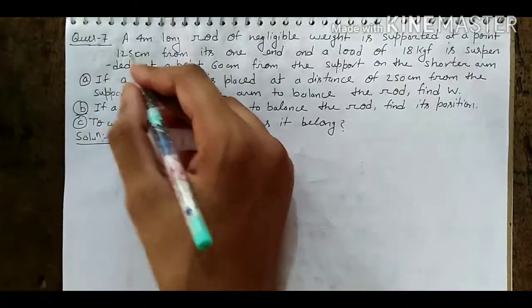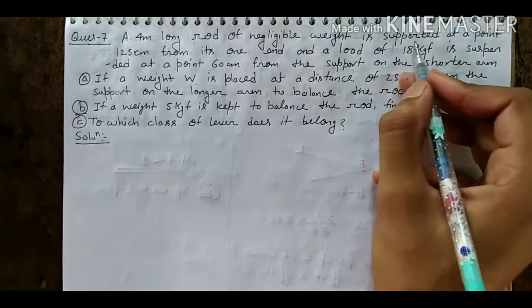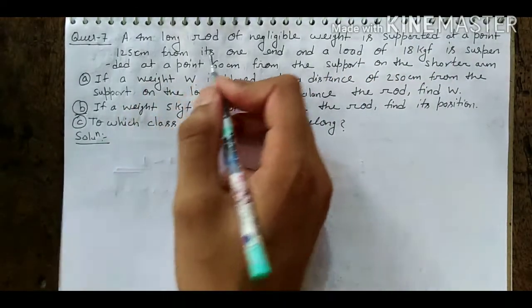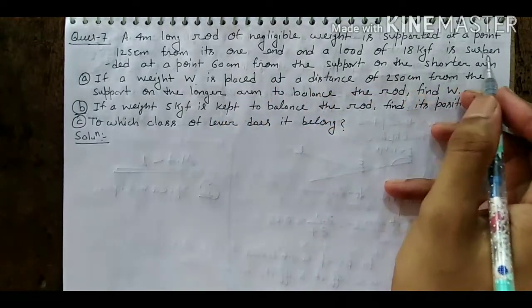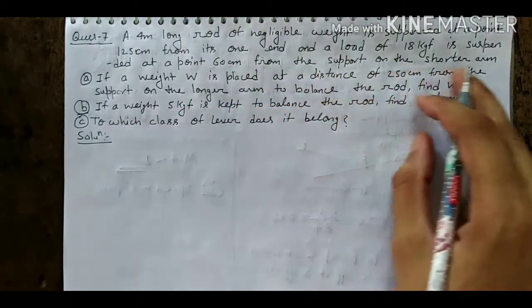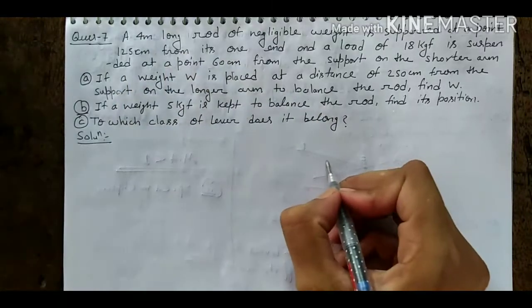In this question, a 4-meter long rod of negligible weight is supported at a point 25 centimeter from its one end, and a load of 18 kgf is suspended at a point 60 centimeter from the support on the shorter arm. Means, student, here a 4-meter long rod is given.